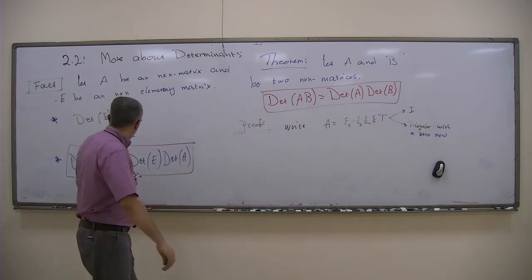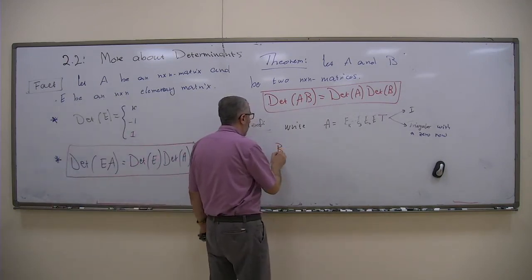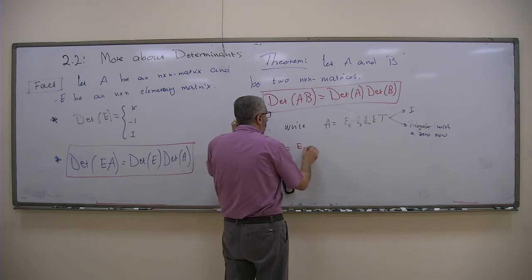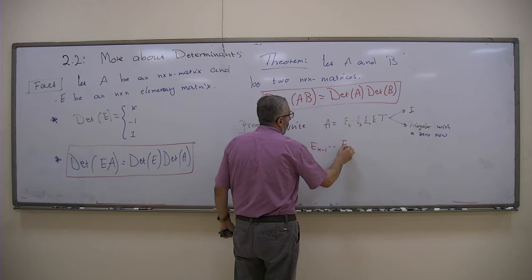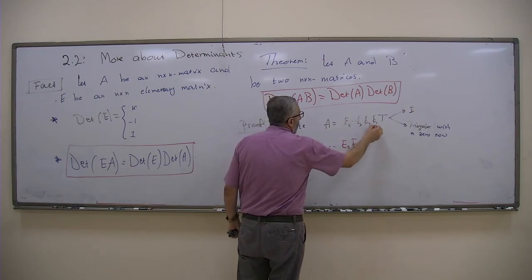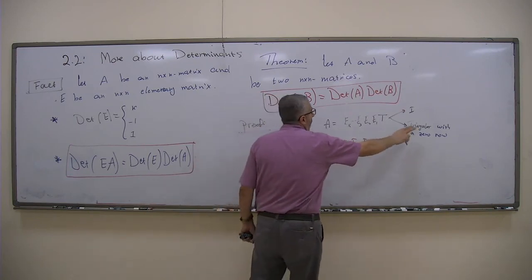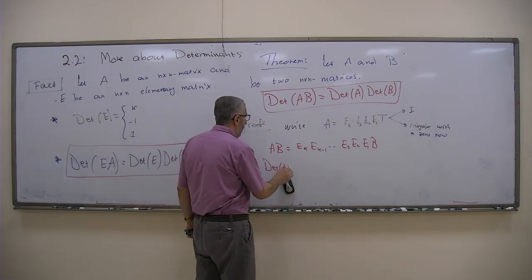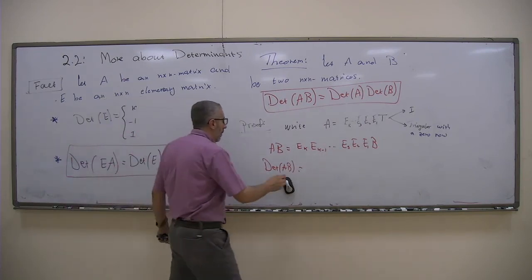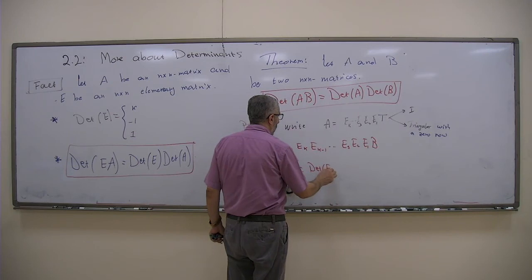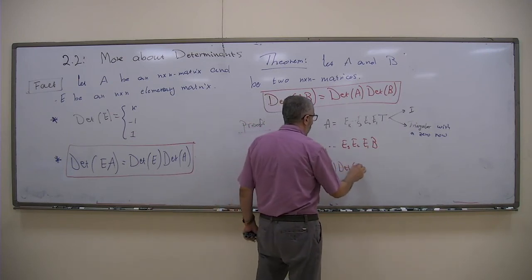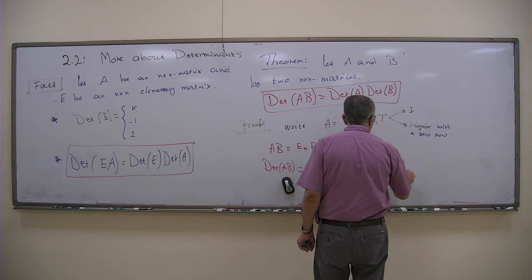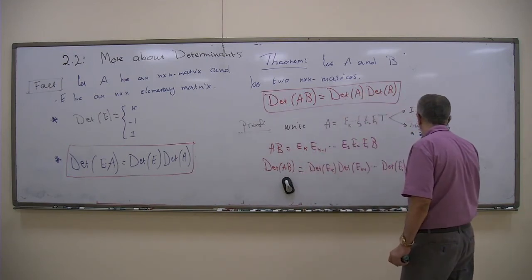All right, so now all you need is to write AB equals Ek minus 1, E3, E2, E1, and that's when we have the identity multiplied by B. And in this case, the determinant of AB, you apply this, you get the determinant of Ek, determinant of Ek minus 1, through determinant of E1, determinant of B. But what is this?